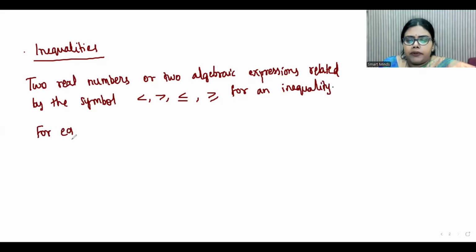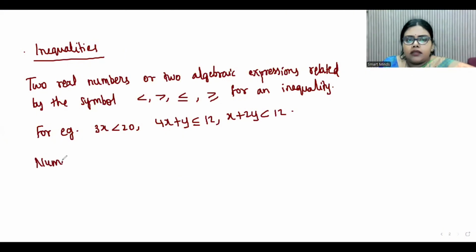For example, 3x less than 20, 4x plus y less than or equal to 12, x plus 2y less than 12. Now in inequality, you have three types.